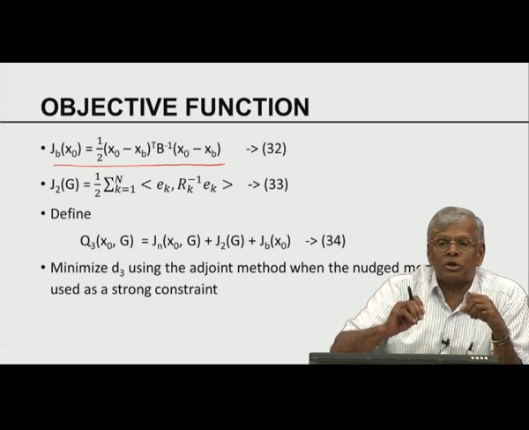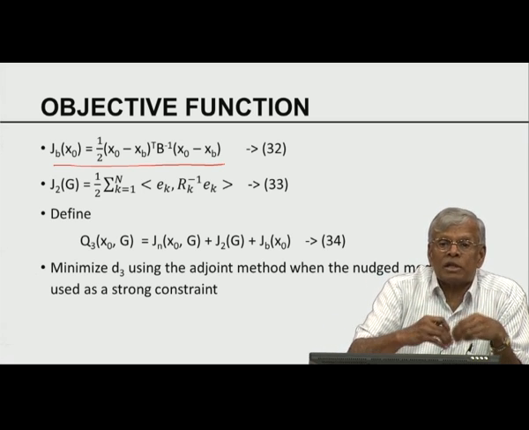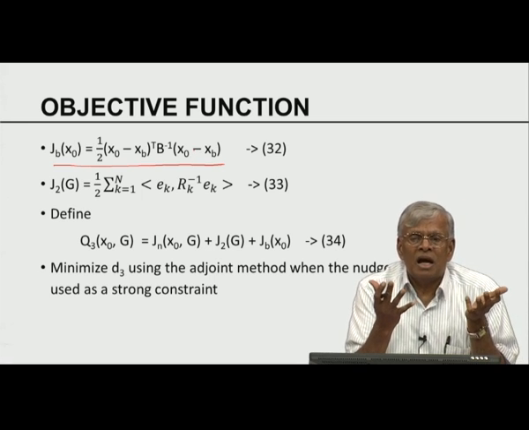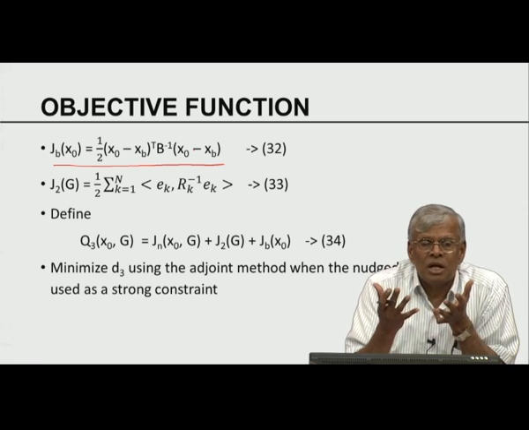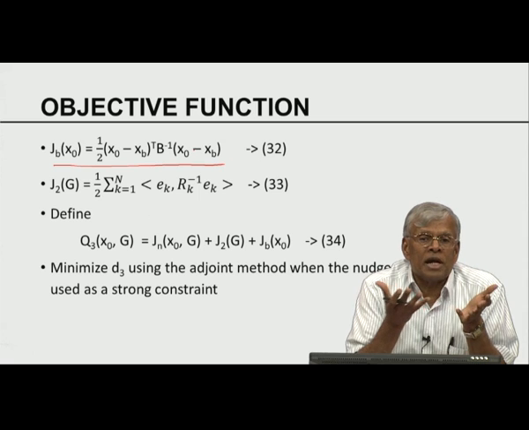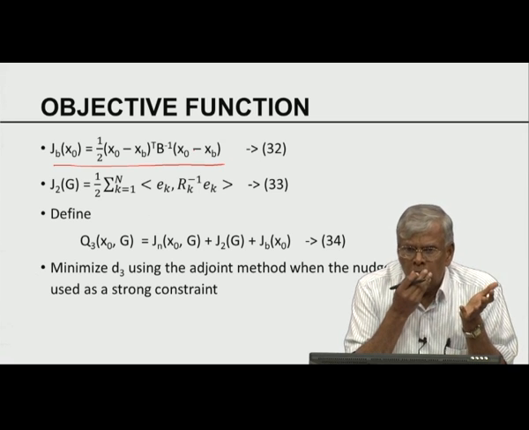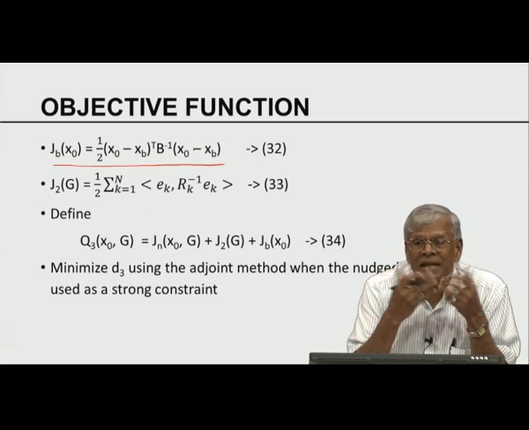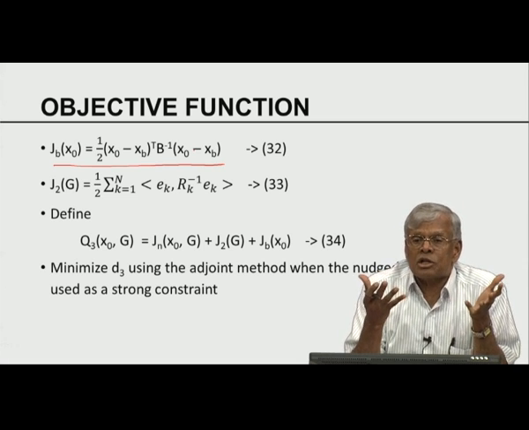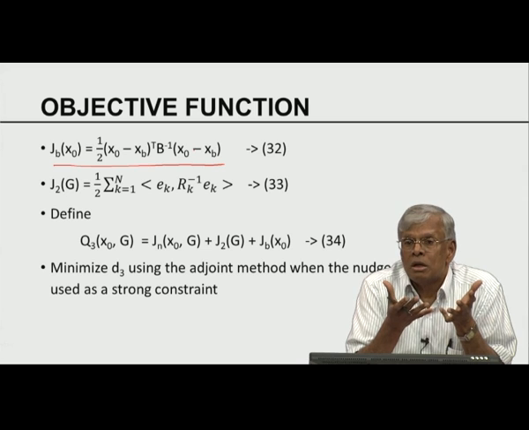Now they would like to start with some background information for the model initial state itself. So that goes to show you the flexibility of how many such terms, if you knew, you can add to the objective function to be able to create a solution that takes care of several pieces of information that you may want to bring to bear on the problem.